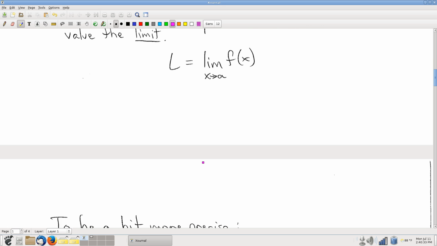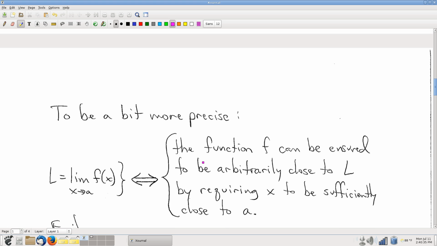Okay. Now let's be a little bit more precise about it. Here's a way to indicate a little bit more precisely what we mean by limit. So if L is the limit of this function f as x approaches a, what we mean is that you can make the function arbitrarily close to this value L. So keep in mind we have this function f, and the assertion is I can ensure that that will be arbitrarily close.